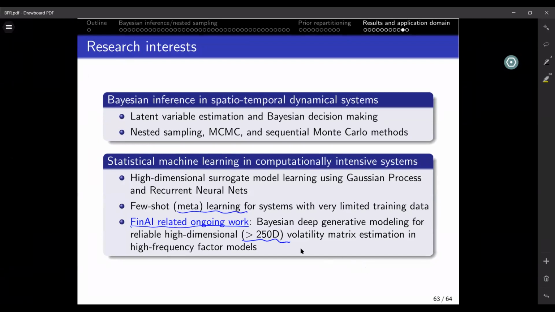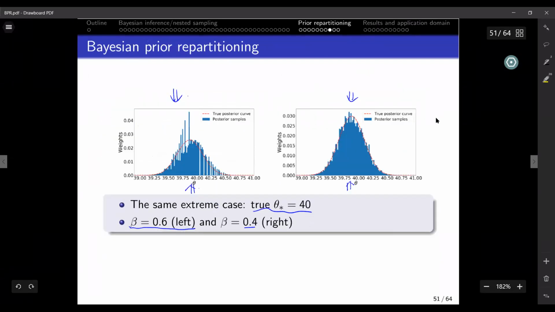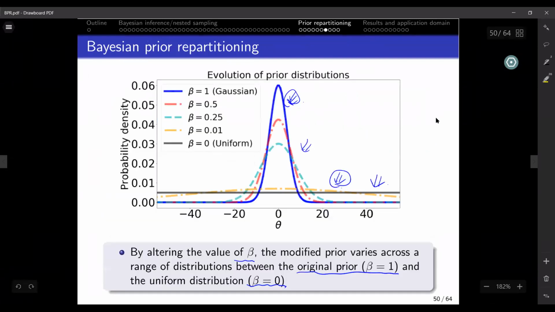Yeah, I have a small question. Can you show slide number 50 again? The beta coefficient is this exponent in this repartitioning, right? Yep. And if beta is equal to 1, there is no repartitioning? Yep, there's no repartitioning.